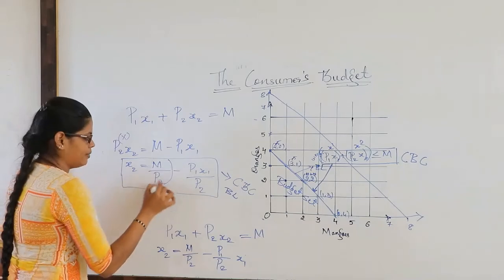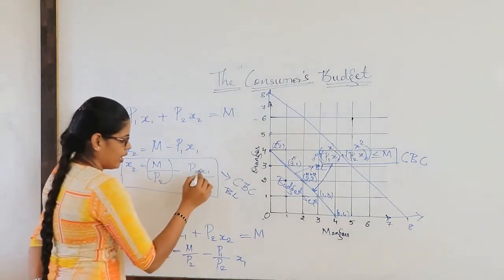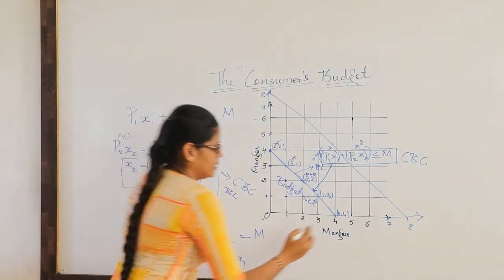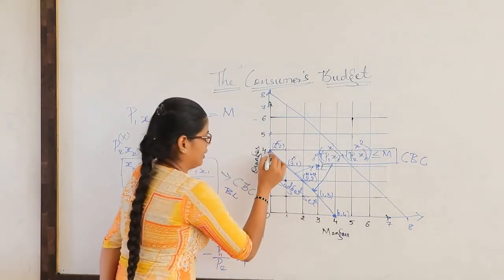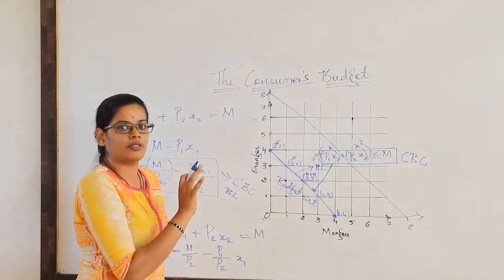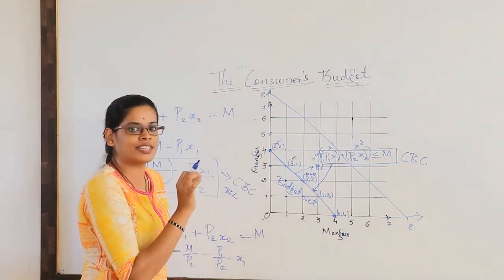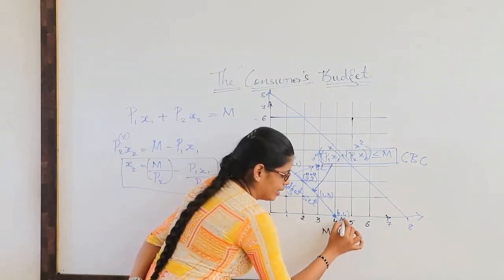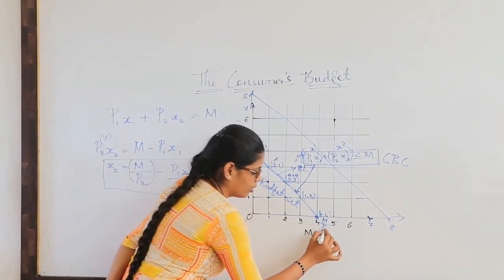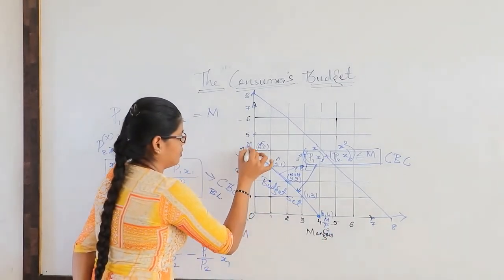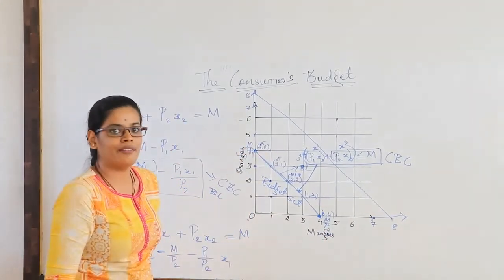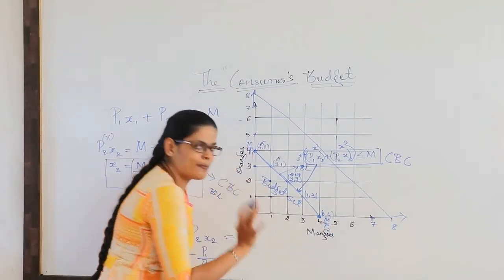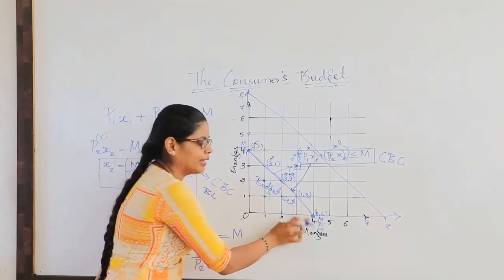And what is this M divided by P2 and M divided by P1? This is the point, and this is the point, where we were talking about the budget we fixed as 20 rupees. This is M divided by P2 and this is M divided by P1. We talk about this because it is the last point for the consumer to buy the good.